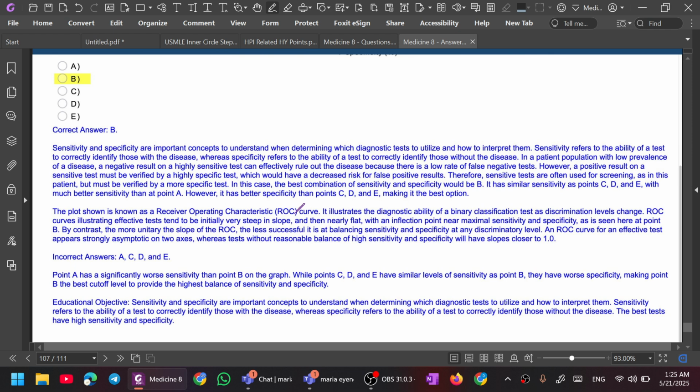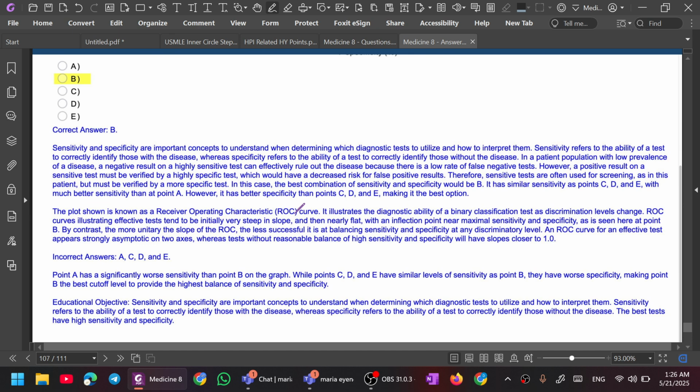The plot shown is known as the ROC curve. It illustrates the diagnostic ability of a binary classification test as discrimination levels change. ROC curves illustrating effective tests tend to be initially very steep in slope and then nearly flat, with an inflection point near maximal sensitivity and specificity, as seen here at point B. Very steep in slope and then nearly flat.